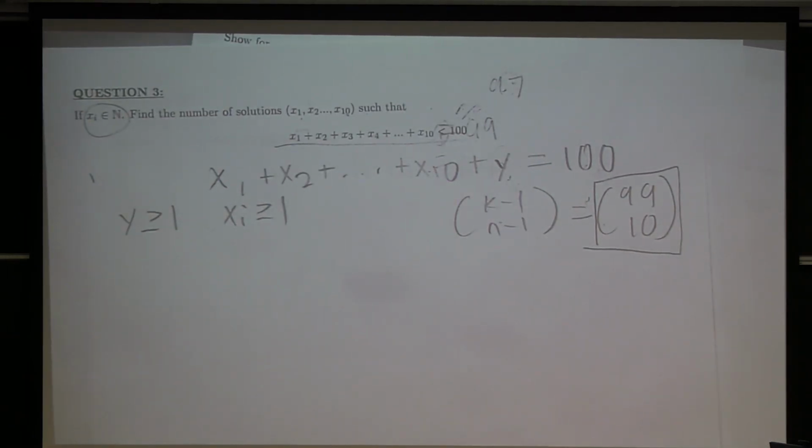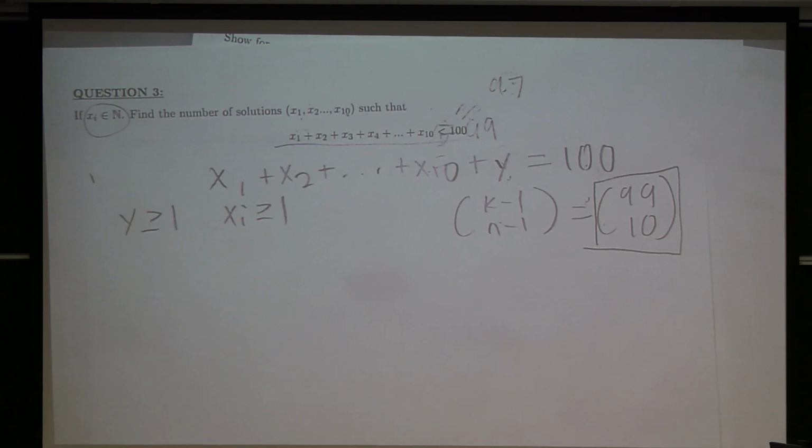I'll get 10 bars to note with 10 xi's, and I'll have a set of numbers, which is 1 to 99, and the 10 noted numbers. So we'll get a total of 109 numbers to choose the 10 bars from to note the sum of all of these.